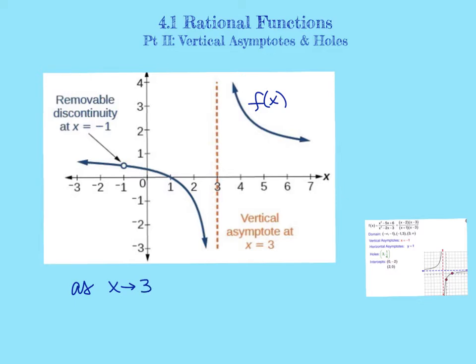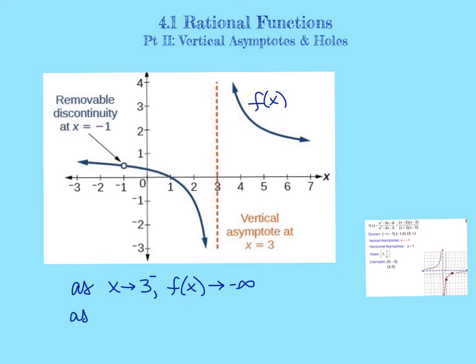Let's first talk about approaching 3 from the left-hand side, so talking about this part of f of x. So as x approaches 3 from the left, what does our function do? Our function f of x is going down towards negative infinity.